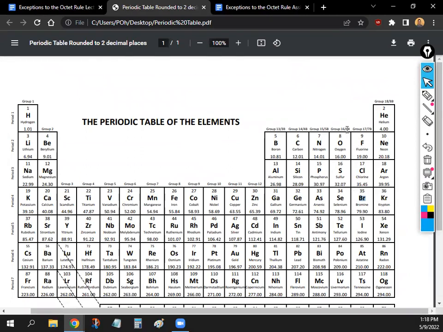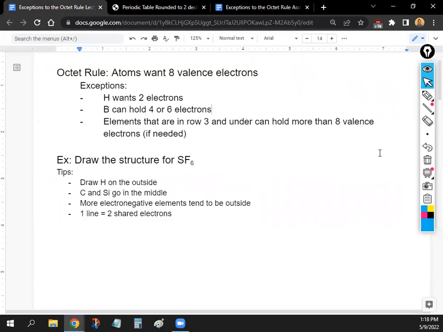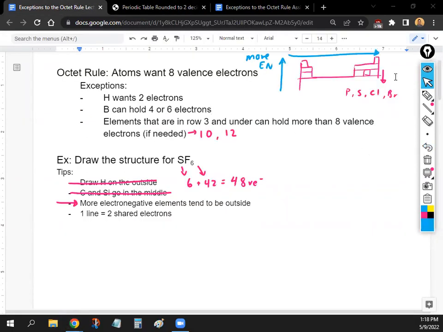Yeah, F. So F is going to be more electronegative, which means that it wants to be on the outside. So we're going to organize everything so that we have S in the middle, and then F wants to be on the outside. Something like that. And the reason why is because F is more electronegative than S.